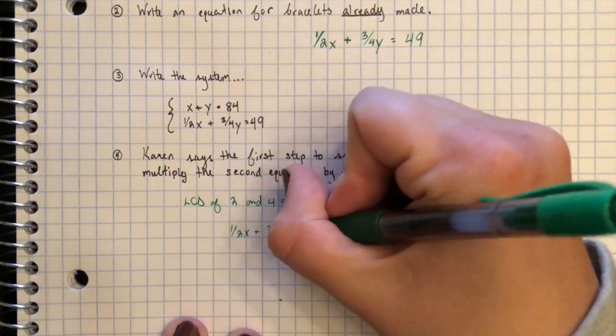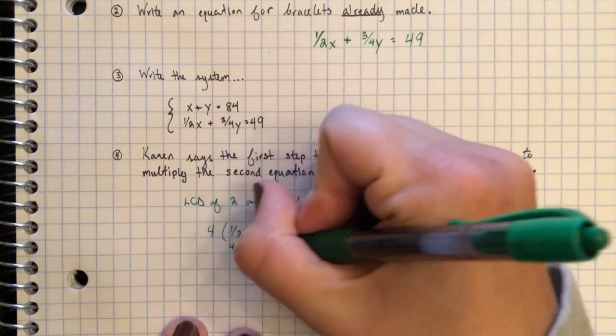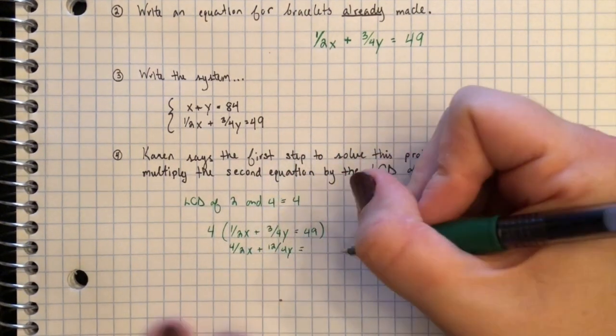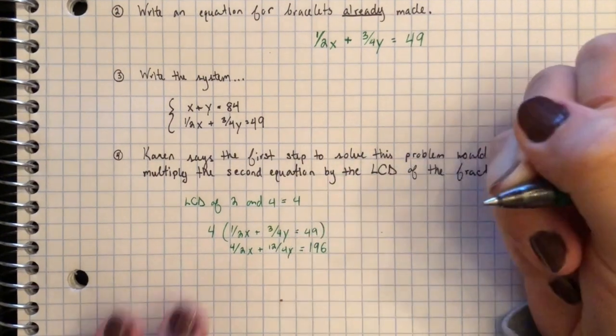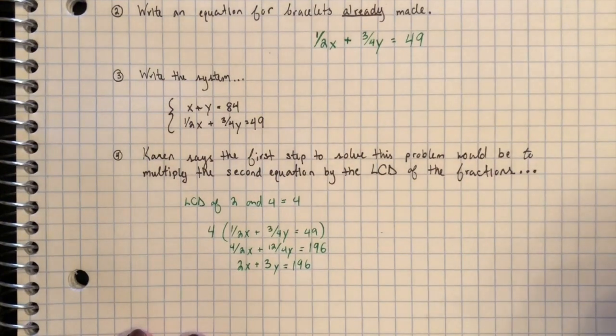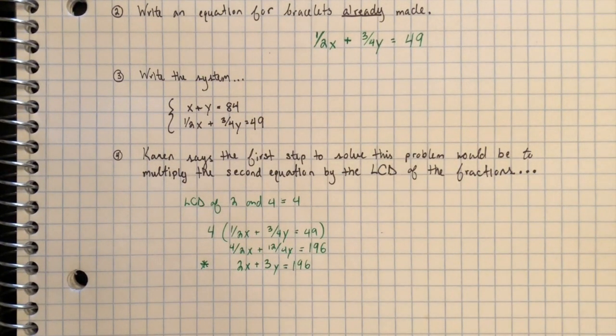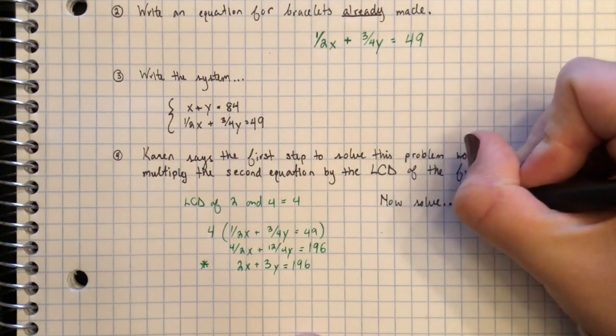So if I went ahead and multiplied that second equation by the quantity 4, 1/2 times 4 is 4/2 x plus 12/4 y is equal to 196. I'm going to simplify those fractions. 2x plus 3y equals 196. And this is the equation that I'm going to use to go ahead and solve my system.